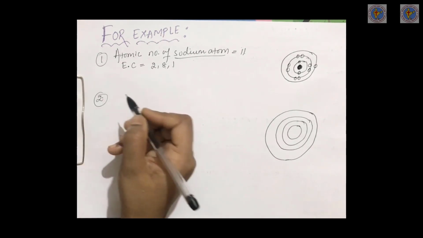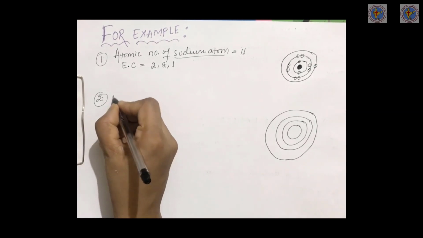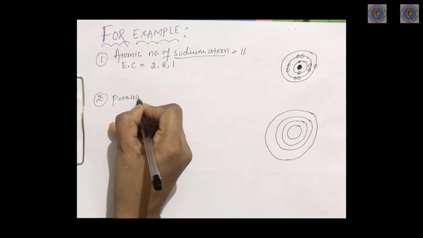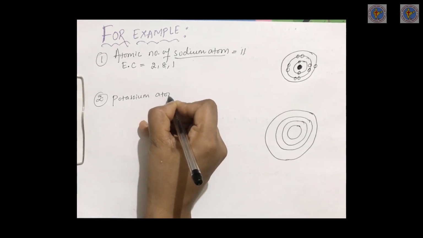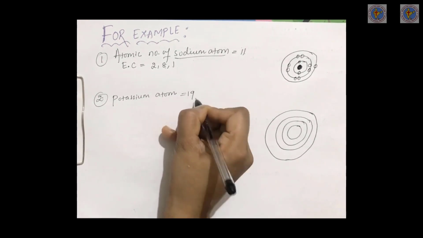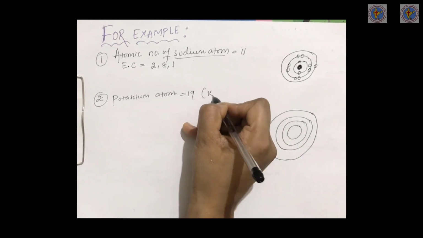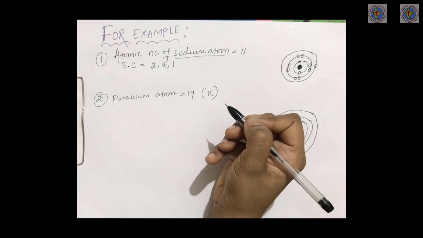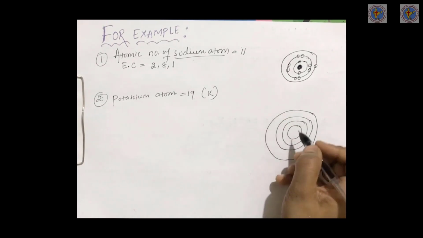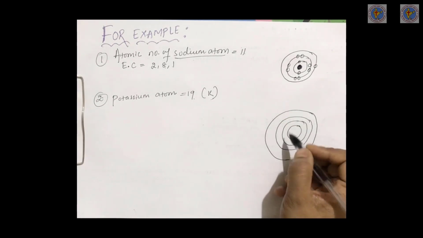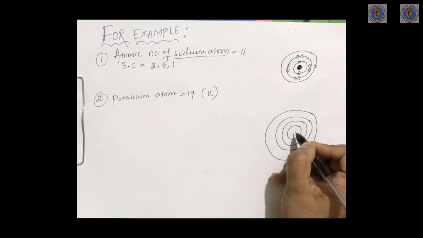Let us consider another example. Okay, let us consider potassium atom. Children, what is the atomic number of potassium? 19. Okay, so what is the formula of potassium, children? K. Okay, the formula of potassium is K. So here also, while drawing the orbital structure, it is very much necessary to draw the nucleus of potassium.